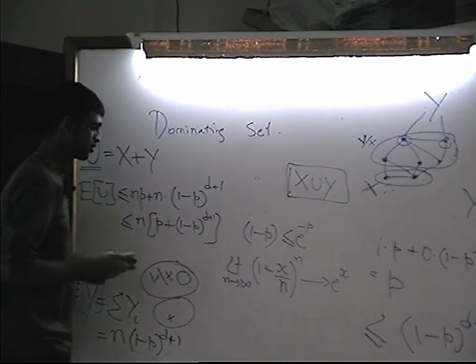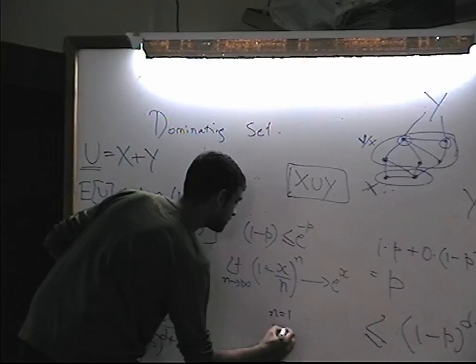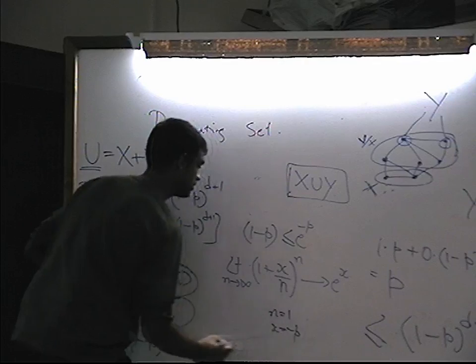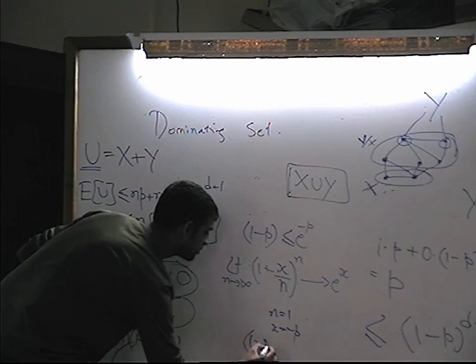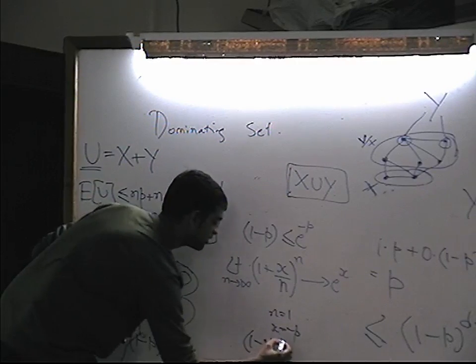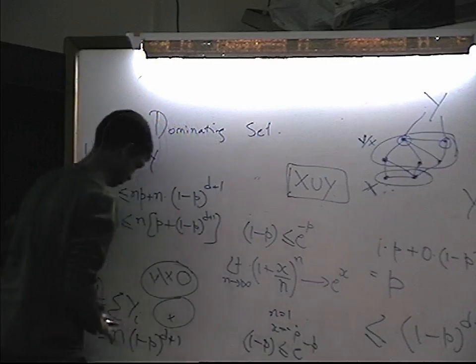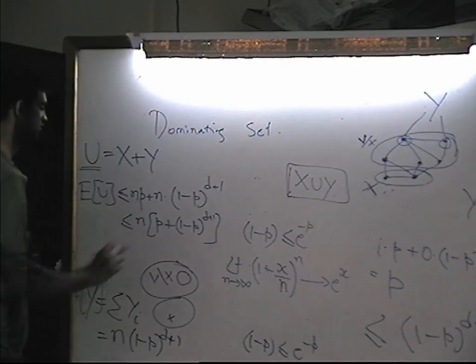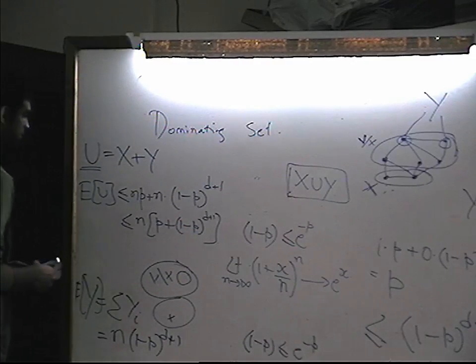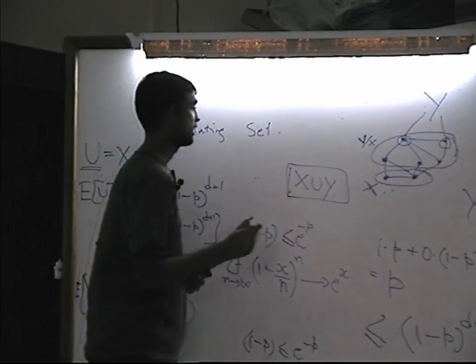Right. So over here n would be 1 and x would be minus p. So you just get 1 minus p at most e power minus p. Fine. So we just substitute this.